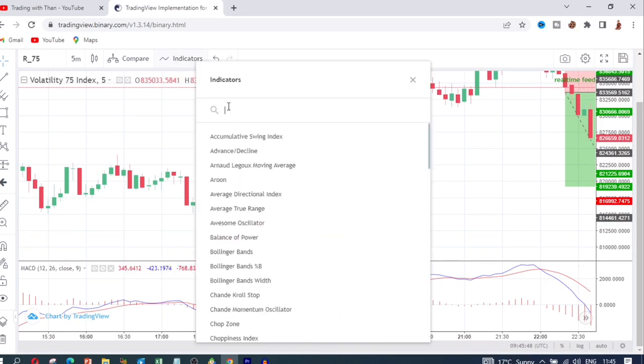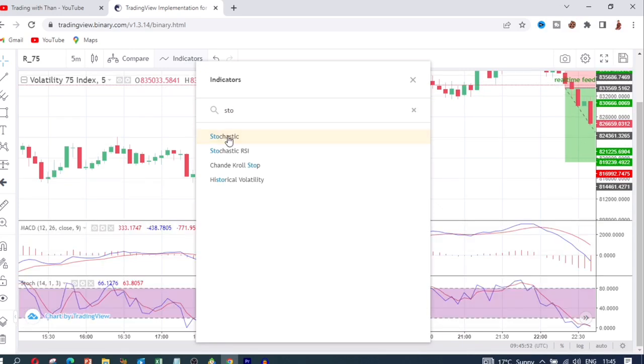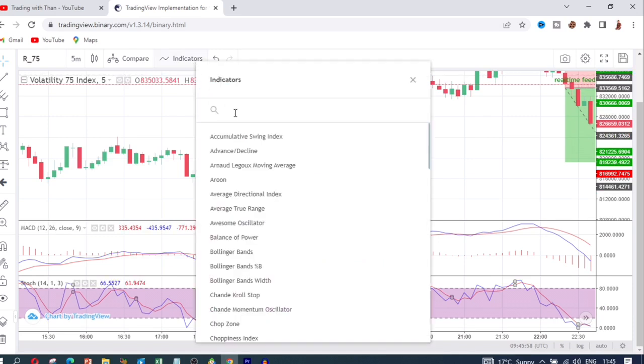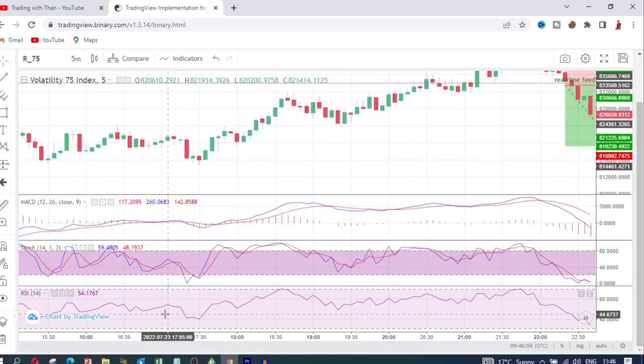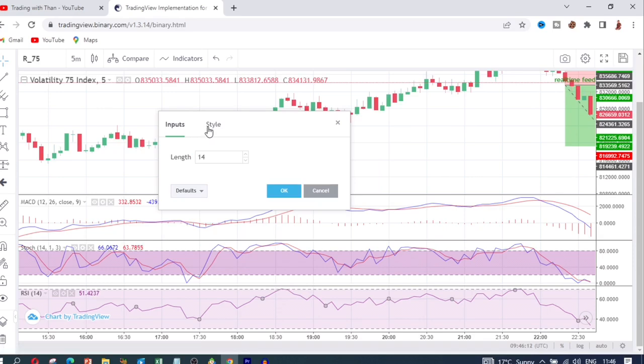And then we go to the stochastic, right? On the stochastic, you don't change anything, and then we go ahead and select the RSI, relative strength index, right? On this one, what we are going to change is, let me go to settings right here, and then you go to inputs. You go to style, right?